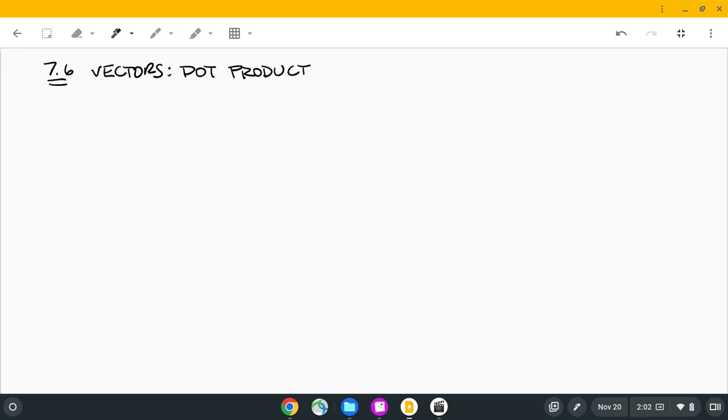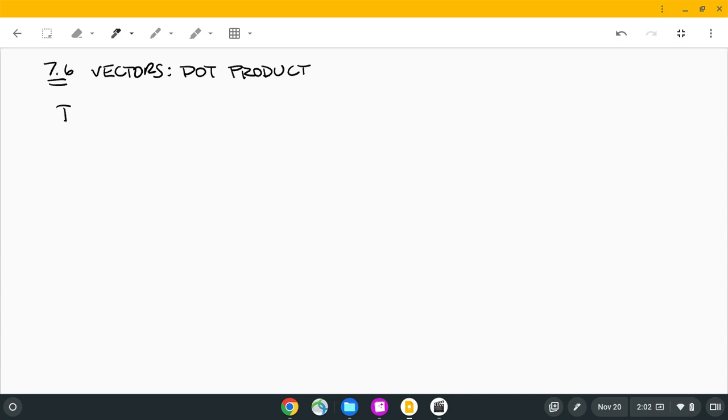I had mentioned that there are other ways to multiply vectors. You can multiply a vector by a scalar. You can multiply a vector with a vector. And when we do that, there are actually two kinds. There's something called the dot product, which we're going to take a look at, and then there's something called the cross product, which we are not going to look at. All right, so the dot product.